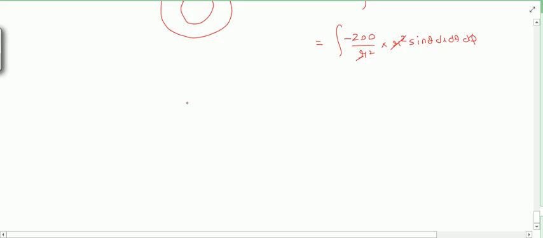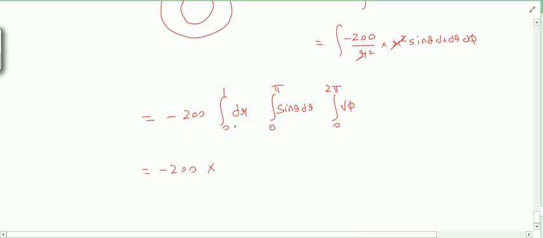So r square will get cancelled, and minus 200 will come out, and it is in microcoulomb, so remember that also. Our answer will be in microcoulombs. Here sine theta and dr are remaining, so the limits of r will be 0 to 1 meter, sine theta d theta from 0 to pi, and d phi from 0 to 2 pi.